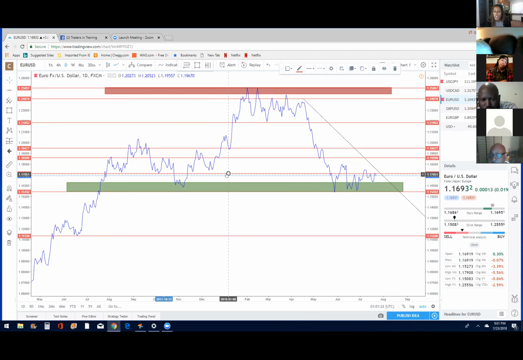Well, on the line chart, when we're drawing support and resistance, we do want it to touch where it's touching. I see it touching here. And all you need is at least 2 touches. So if it's touching those 2 times, we're done. Okay.